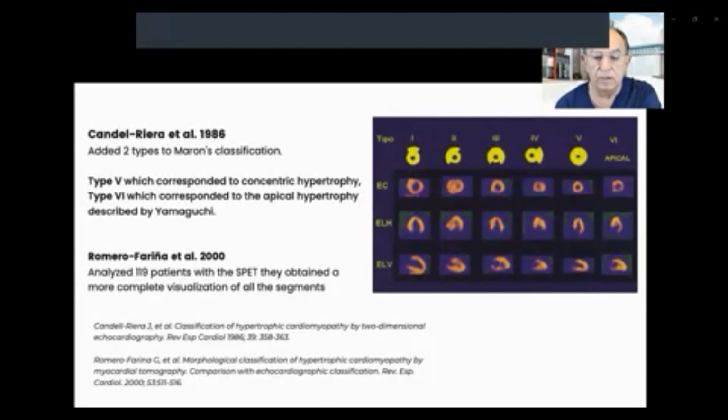Type 5 corresponded to patients with concentric hypertrophy, and type 6 corresponded to apical hypertrophy, previously described by Yamaguchi. So after this article by Carel and Rivera, and after Romero and Fariña using SPECT to evaluate the visualization of the segments, they found these 6 types of classification.